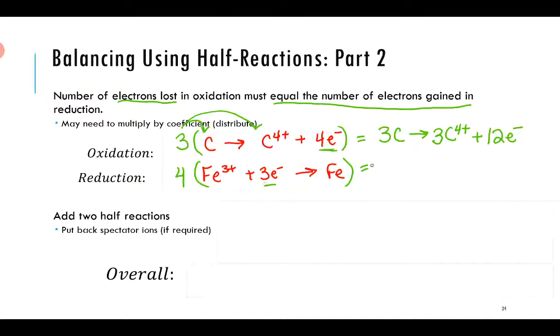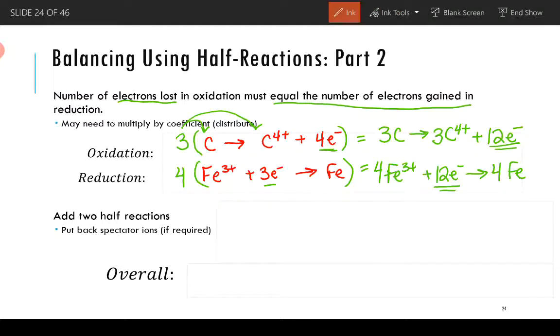And similarly on the bottom, we will have 4 iron 3+ plus 12 electrons goes to 4 irons. All right, and so now our number of electrons lost is equal to our number of electrons gained.